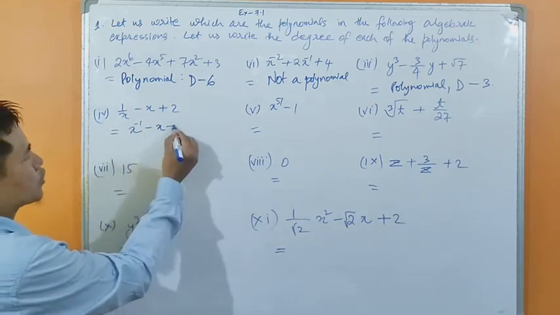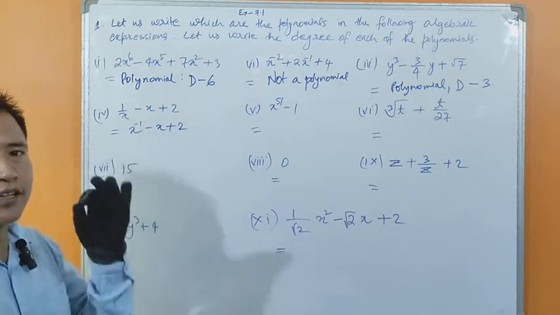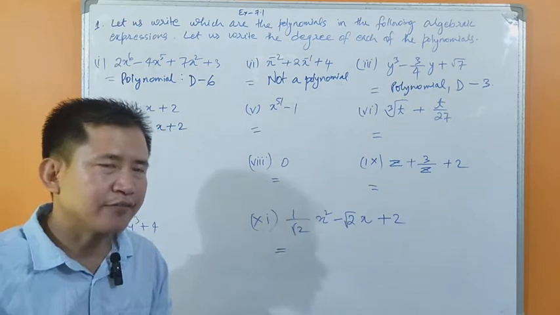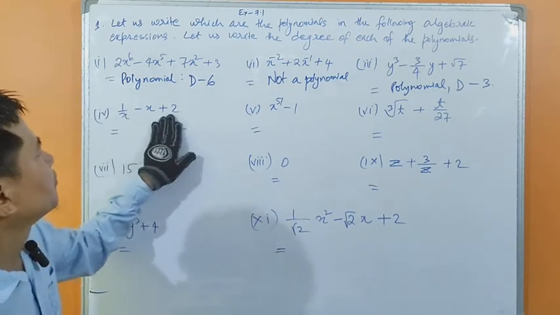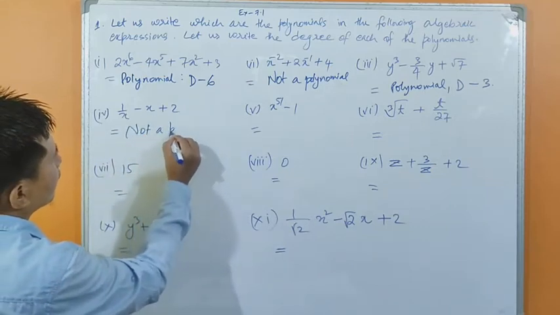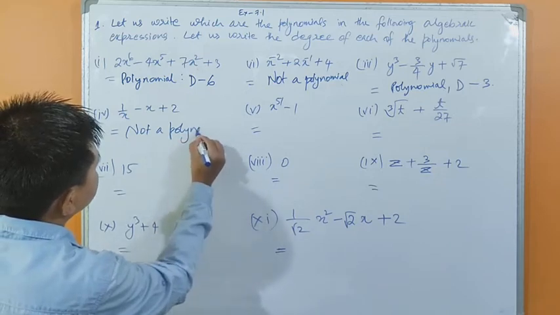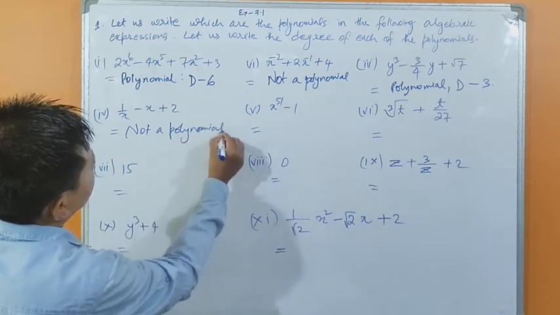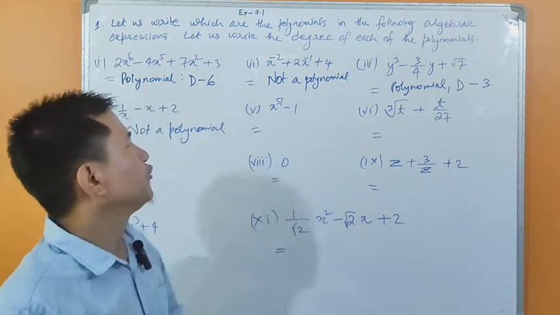So x to the power minus 1 means the power of the variable is negative, which means this is not a polynomial. To become a polynomial, the power of the variable term should be a positive whole number.